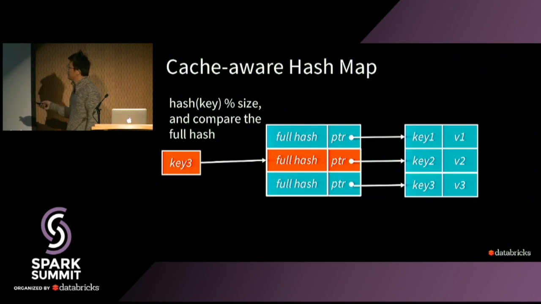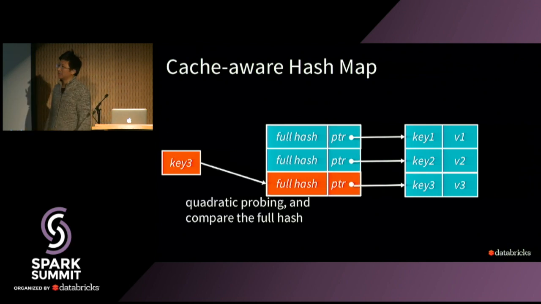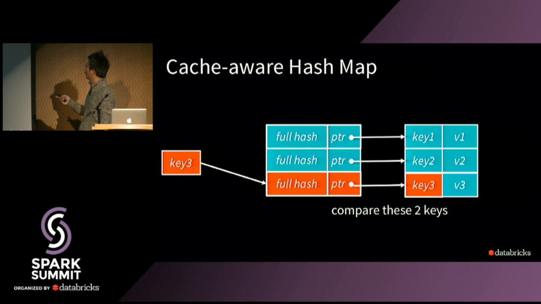And then instead of dereferencing this pointer to the actual keys, we just compare the full hash value between the lookup key and the key in this record. If it doesn't match, we just use quadratic probing and find the next entry to compare. And now if the full hash value matches, we do the dereference and get the actual value.